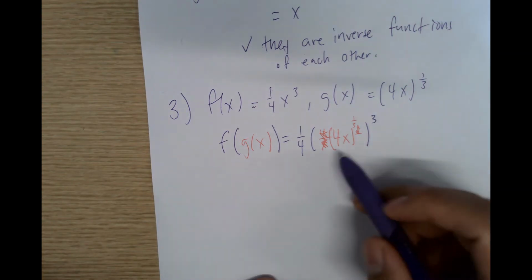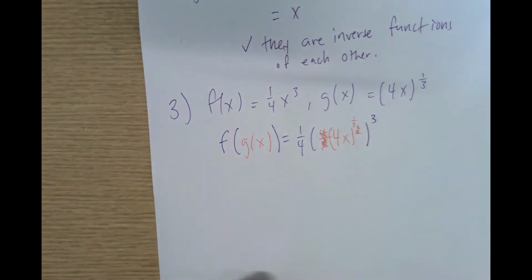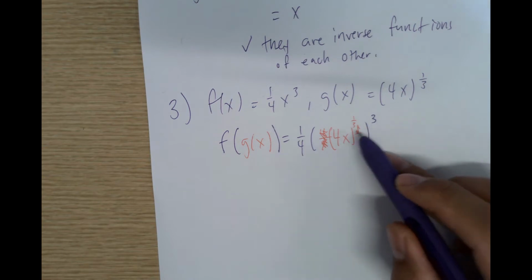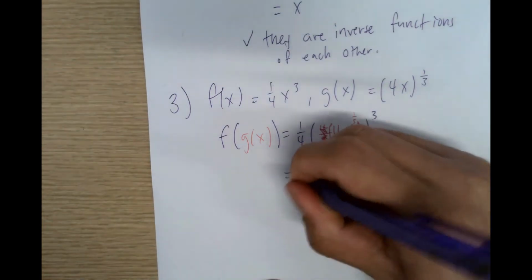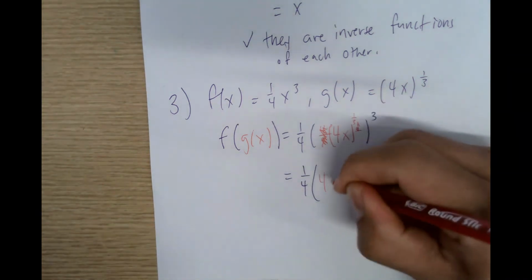So here it looks like it'd be complicated, but if you remember your exponent rules, if you're raising an exponent to another exponent, you're going to multiply. So I'll write an extra step here so you can see what's happening.